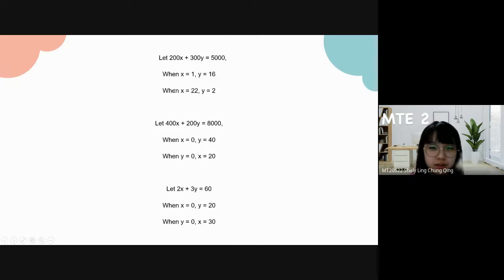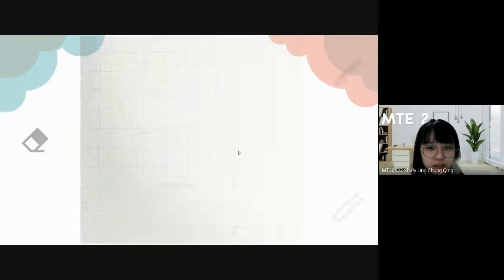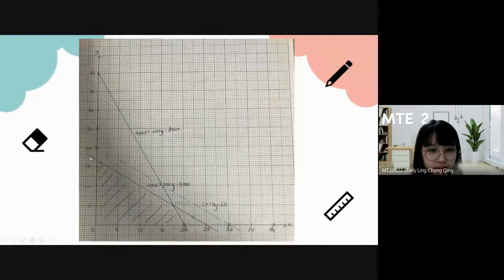Before we determine the feasible region, we need to solve the equations, 3 equations, 2 constraints, and 1 maximized Z. The first equation, when x equals 1, y equals 16, and when x equals 22, y equals 2. We can get 2 coordinates from here, and after we plot these 2 coordinates on the graph, we can get this line.